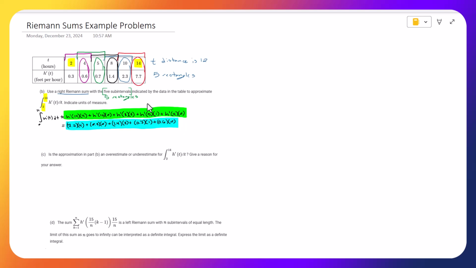But we're talking about the area under the curve. We're talking about not the feet per hour. I mean, well, we are talking about feet per hour. We're talking about if we take all of the area under our feet per hour curve, it becomes a question of how much total feet did we travel?